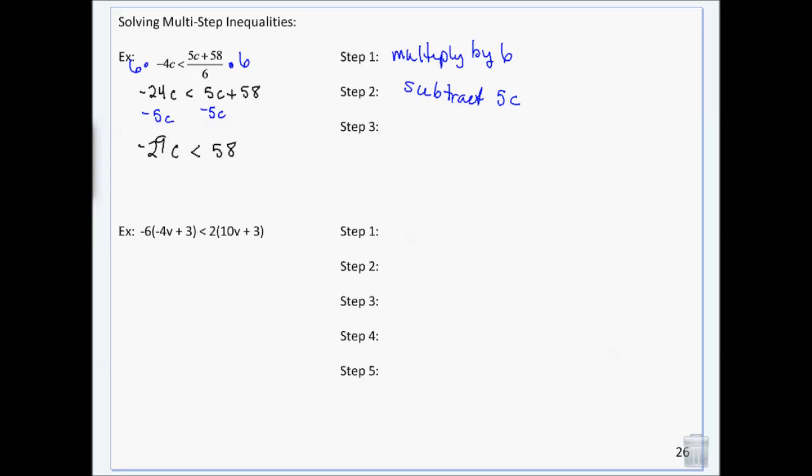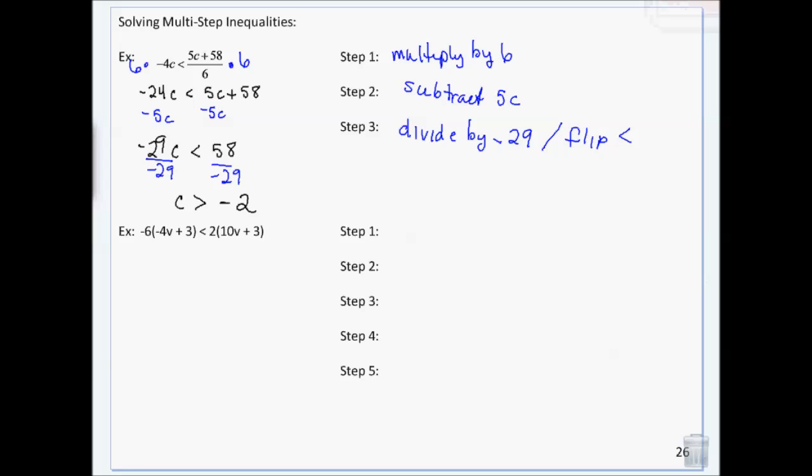And then I'm going to divide by negative 29, so I'm going to flip my inequality. So divide both sides by negative 29. So c is greater than negative 2.